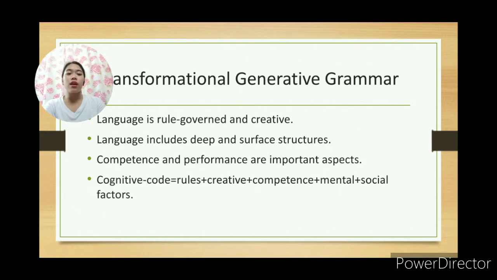Although sets such as these active and passive sentences appear to be very different on the surface, a transformational grammar tries to show that in the underlying structure, the sentences are very similar.